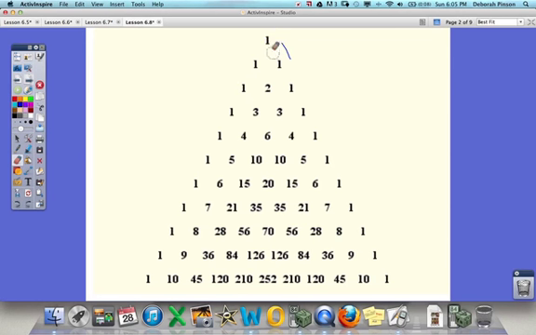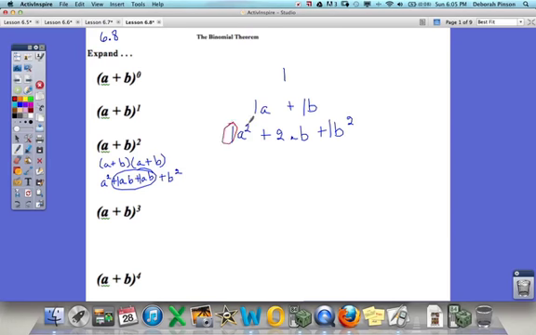When you look at this, the first row here is like row 0, since anything to the 0 power is 1. This is to the first power, second power, third power, etc. Okay, so keep that in mind. Remember that this tells you coefficients. It doesn't tell you your exponents or your variables.